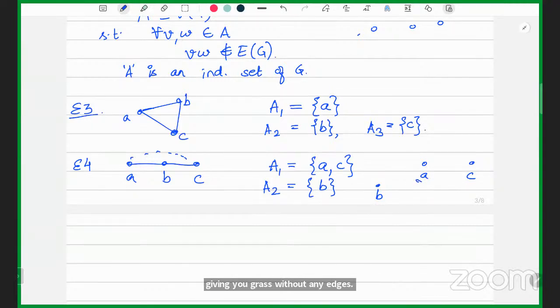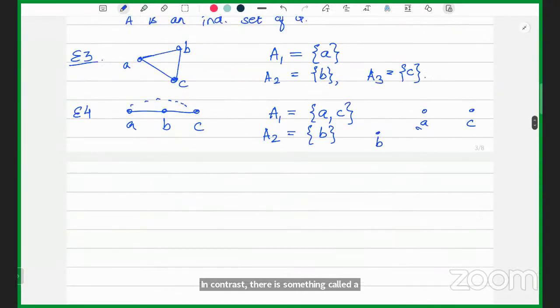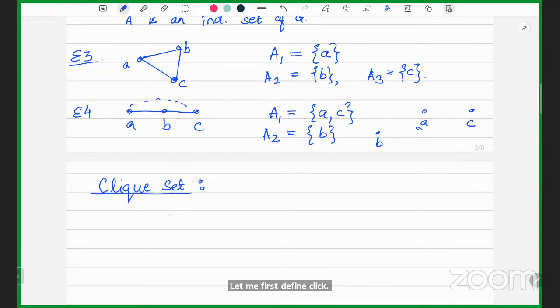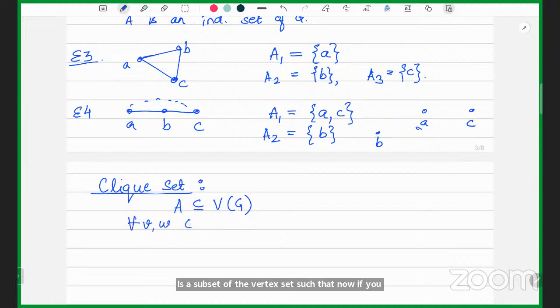In contrast, there is something called a clique or a complete graph. Let me first define clique. This again is a subset of the vertex set such that if you choose any two vertices from this set, VW has to be an edge.